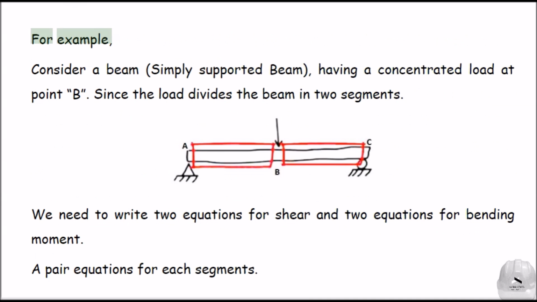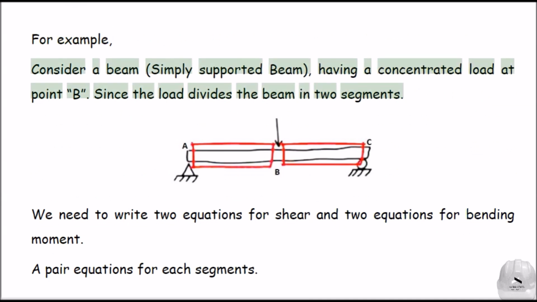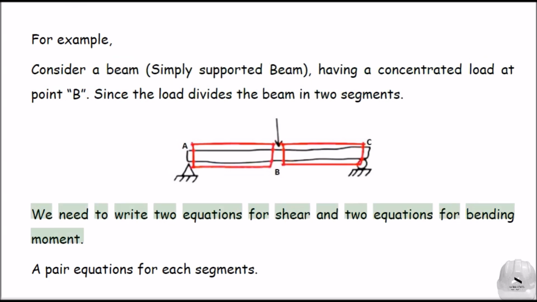For example, consider a simply supported beam having a concentrated load at point B. Since the load divides the beam into two segments, we need to write two equations for shear and two equations for bending moment, a pair of equations for each segment.